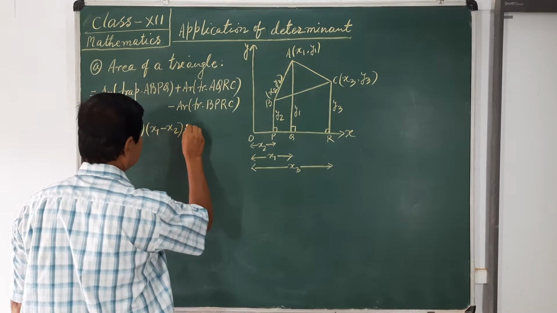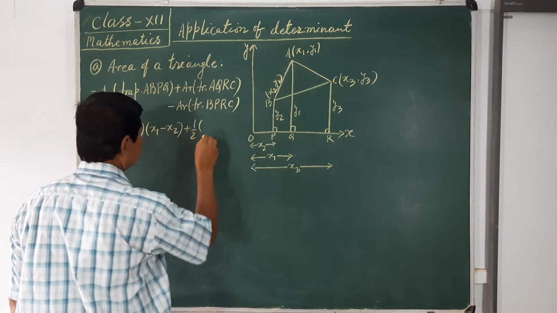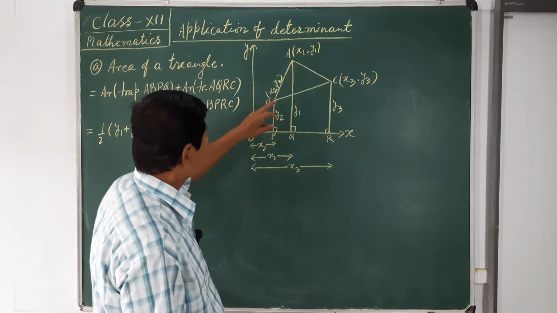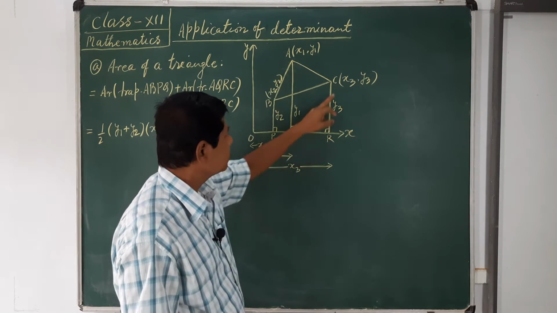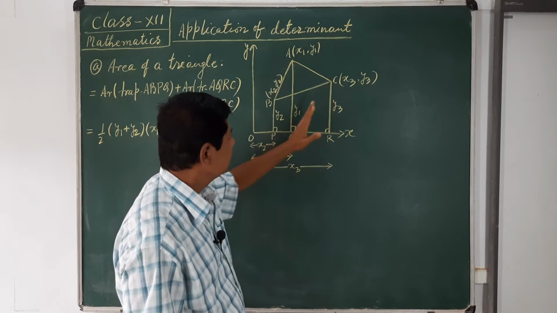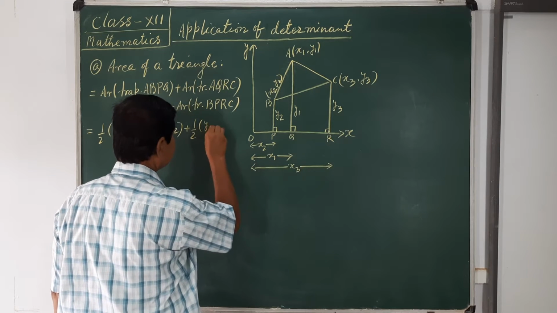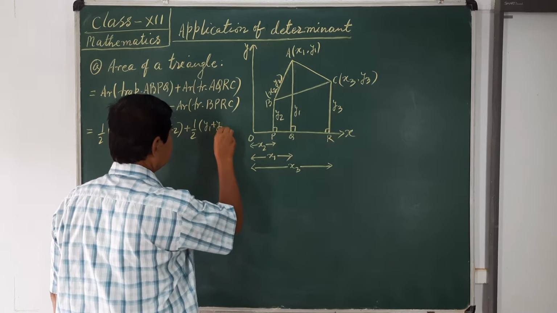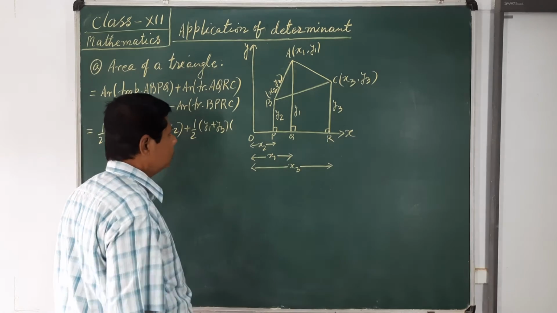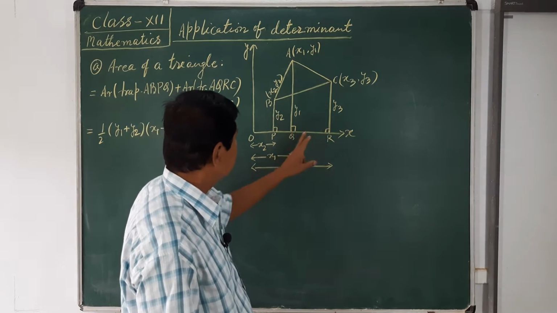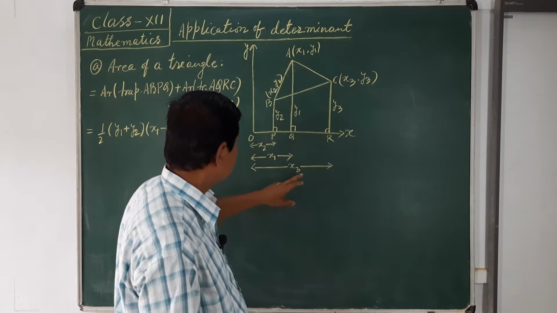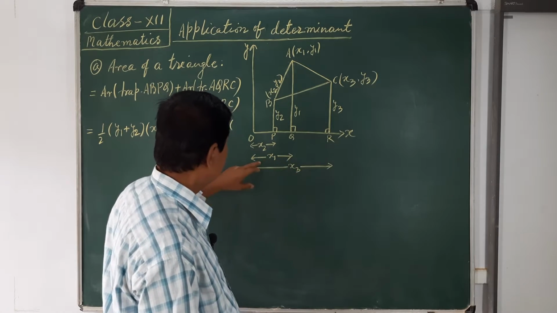Plus half area of AQRC, these two are parallel lines, y1 plus y3, into the distance between them, QR, which is x3 minus x1.